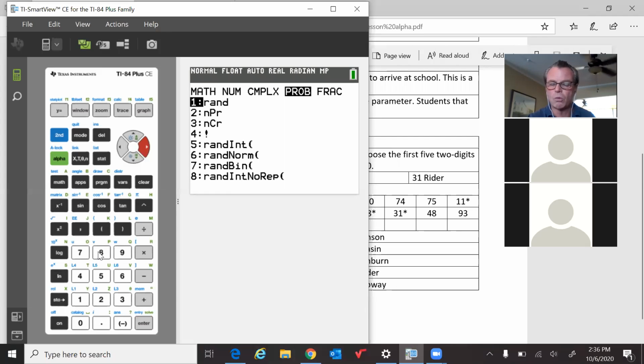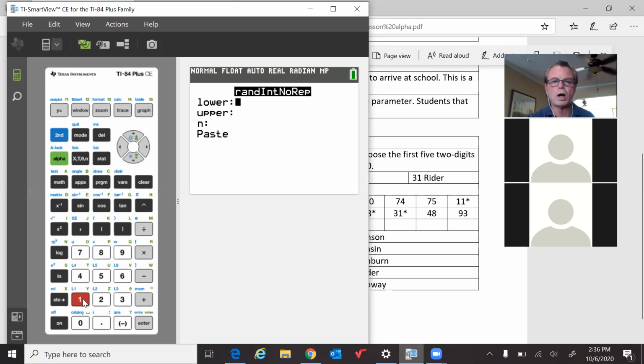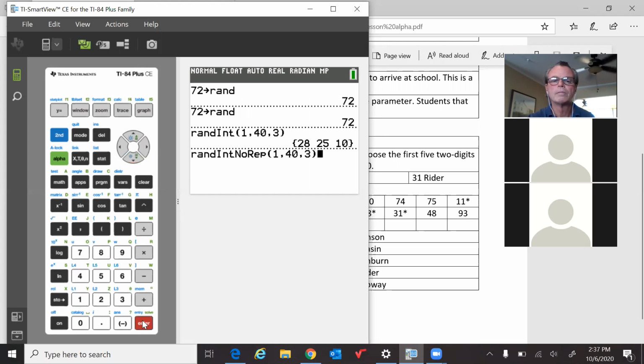But if you don't have 8, don't worry about it. Start at 1, pick up to 40, pick 3, and those would be the 3 kids you would pick, okay? That is how you do it on the calculator.